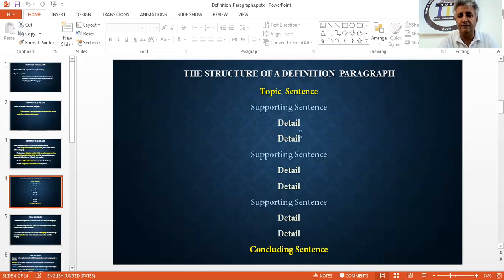So if you have 3 supporting ideas in your paragraph, you have to give detail to each of them. And you finalize your paragraph by writing a concluding sentence that reflects the main idea in the topic sentence, but in different words.